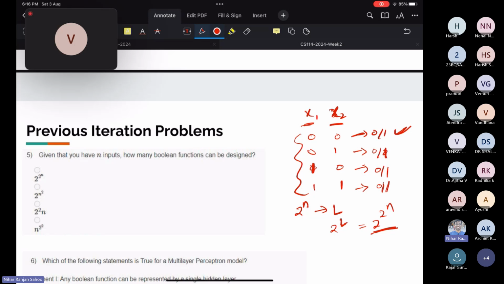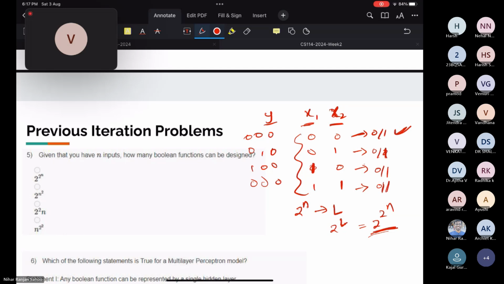So for n inputs, in terms of y, the outputs can take 0 0 0 0, or 0 1 0 0, or 0 0 1 0. There are many possible values they can take.